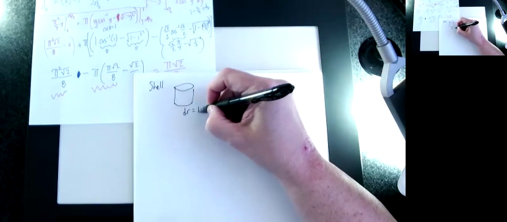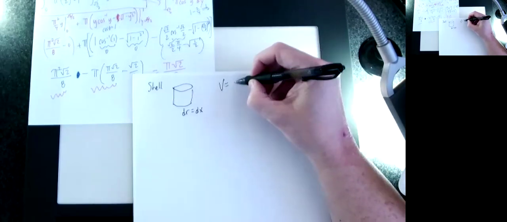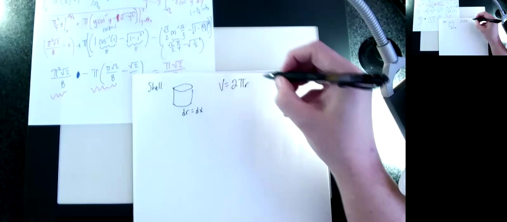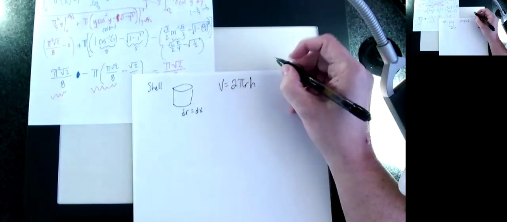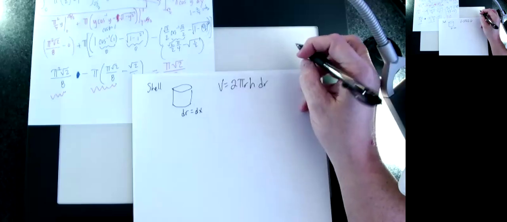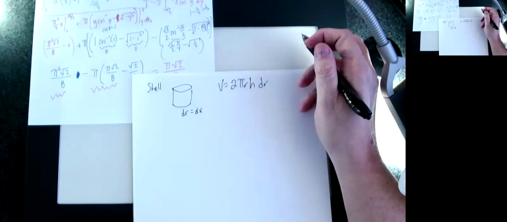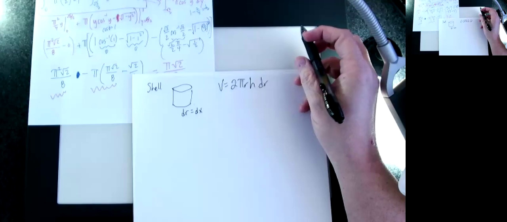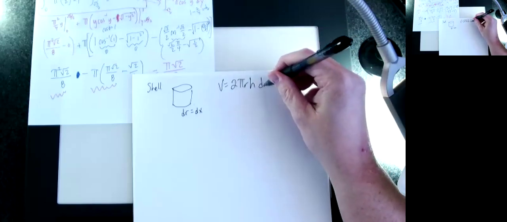So our dr is in the direction of dx. And remember, this had volume equals 2 pi r h and then dr. So we're doing it in terms of dx.